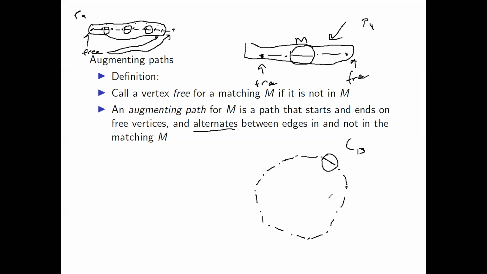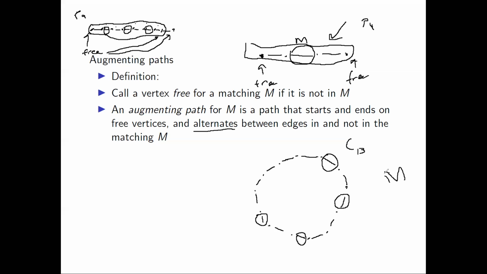I'll do one that's a little weirder than the others. Okay, yeah, that seems fine. So we got a matching there. So that's fine. And now we can see some augmenting paths for this matching.